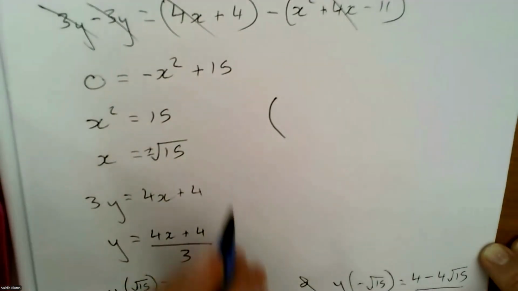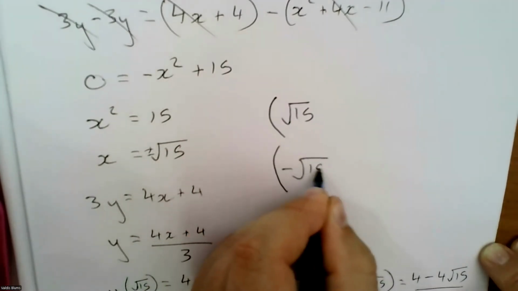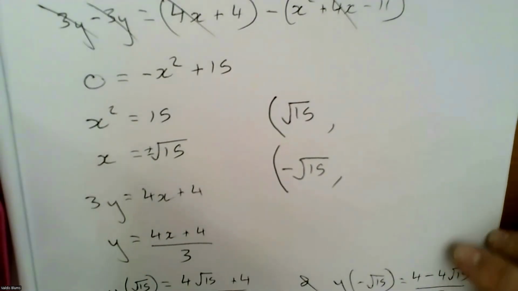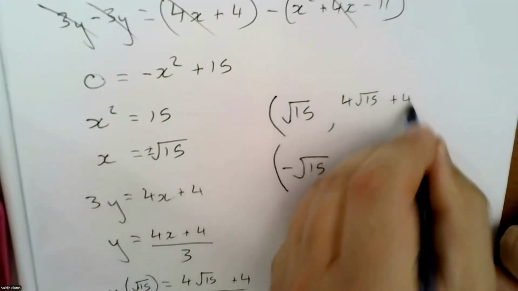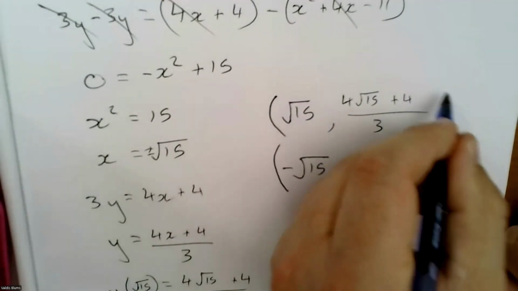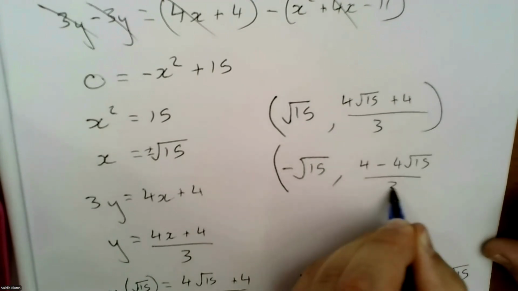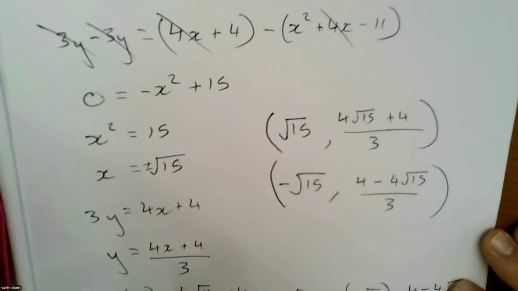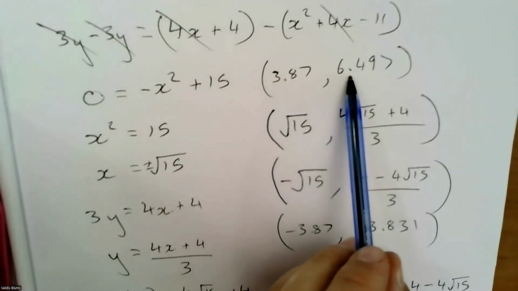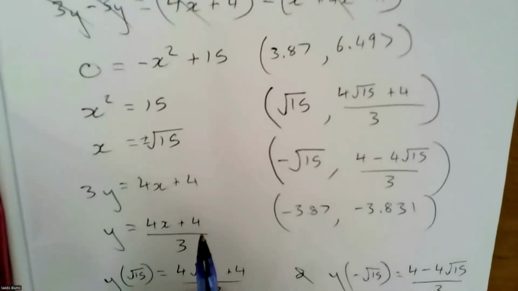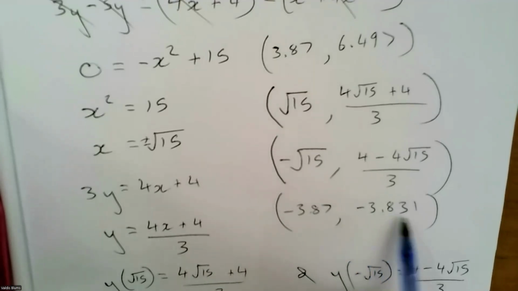So for x being positive square root 15, and then x being negative square root 15, our y values were 4 square root 15 plus 4 over 3, and 4 minus 4 square root 15 over 3. So those were my two sets of coordinates. In decimal form, that would be 3.87 and 6.497 for this first one. And for the other one, you would have negative 3.87 as the negative square root 15 and negative 3.831 as the y value.